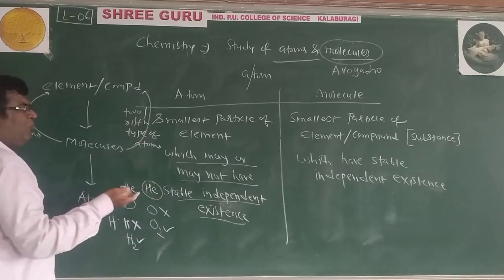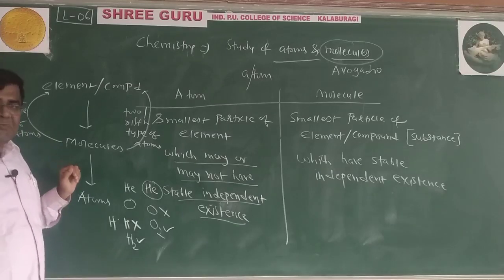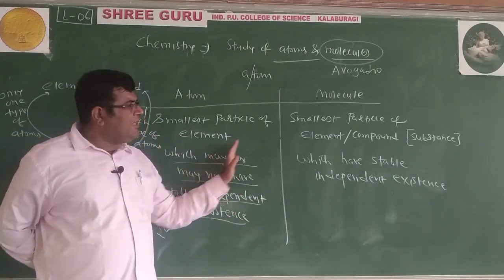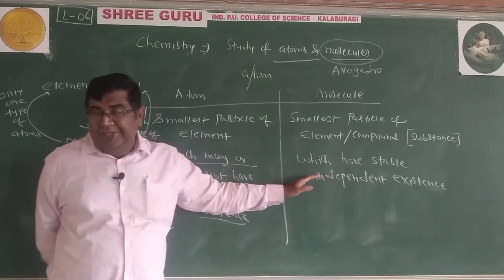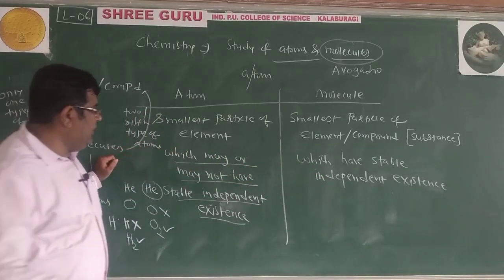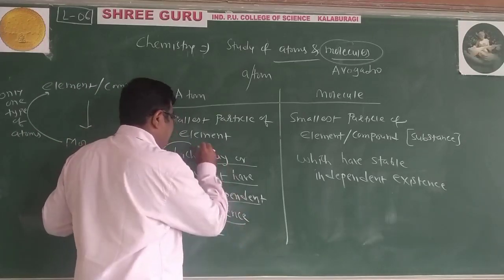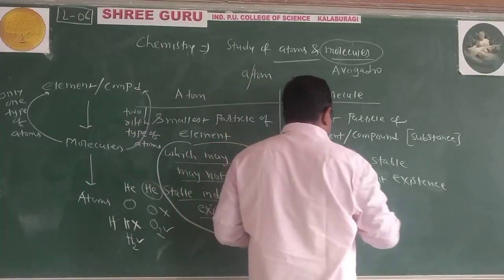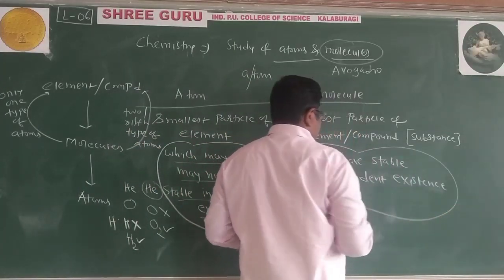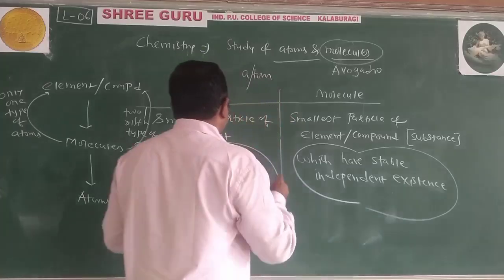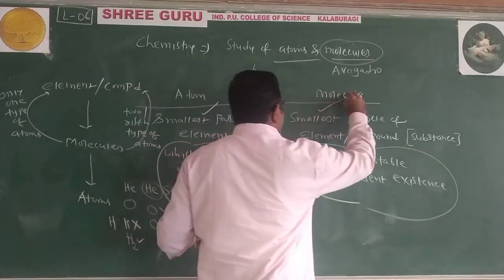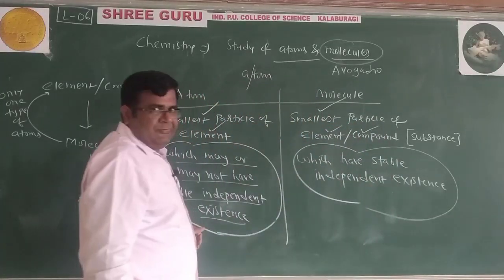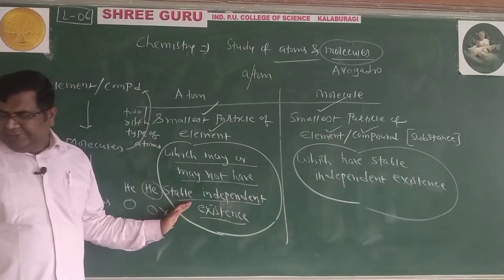We'll see different types of molecules, and then this concept will be clearer. For the time being, just understand the definition and the meaning of which may or may not have stable independent existence and which have stable independent existence. Smallest particle of element or compound, this is the way in which it should be.